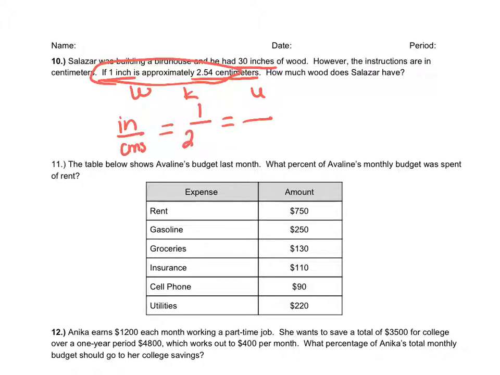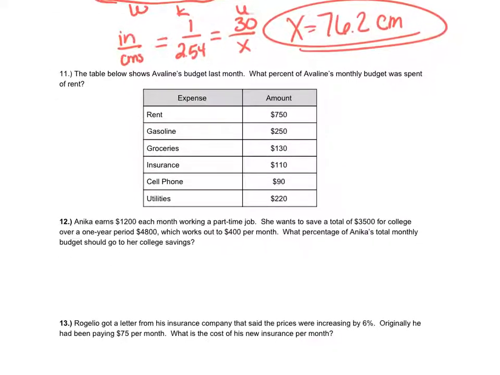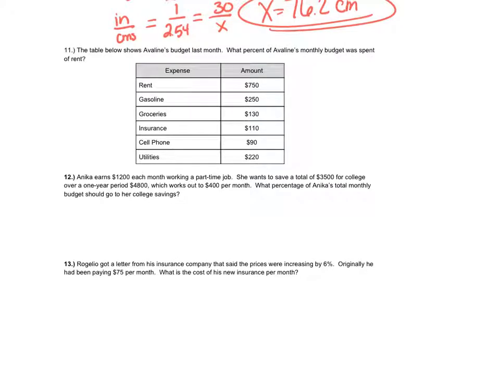So 1 inch equals 2.54 centimeters. 30 inches equals how many centimeters? So we would say 30 times 2.54. X is going to equal 76.2 centimeters. And then 11, I'm going to kind of hit these quickly.